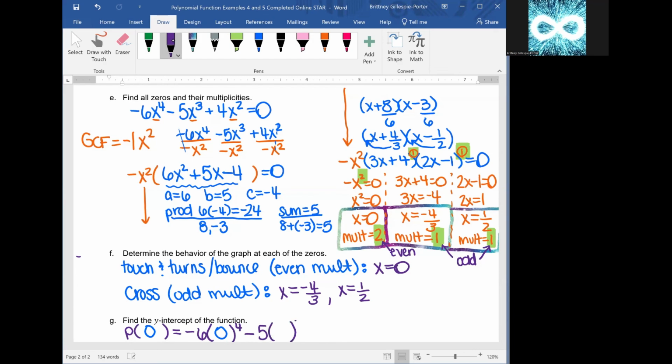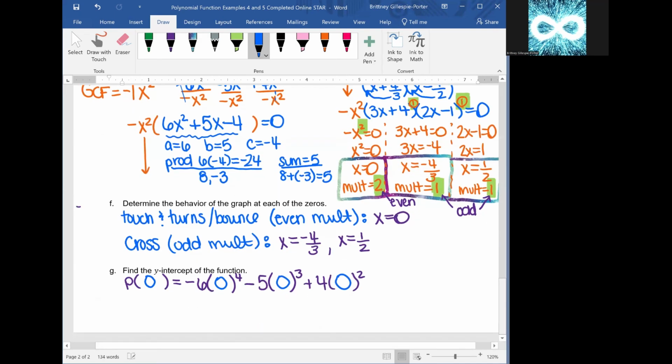Minus 5 times 0 cubed plus 4 times 0 squared. If you plug this into your calculator, you wind up getting 0, which means our y-intercept is the ordered pair 0, because that's what we plugged in for x, comma 0, because that's what we found for y.